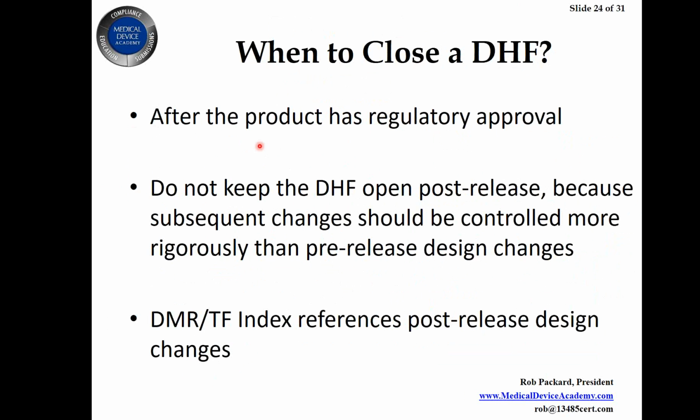So I can identify each of those. Let's say you use the acronym ECN for Engineering Change Notice. Every ECN or ECO will be listed under my DMR and tech file index, indicating that this was a post-production design change, and here's the verification and validation if you look up that ECN or ECO.